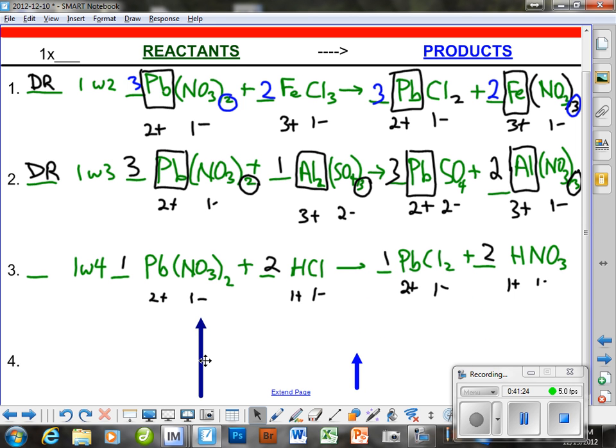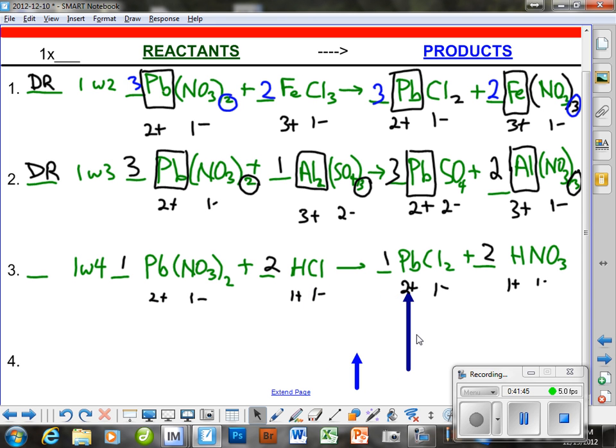But at any rate, you'll notice here, as this guy is a 1, the subscript for lead is a 1. As this guy is a 2, the subscript here is 2. And then this guy here is 1 and 1, and we don't write the 1s, so it's just HCl.